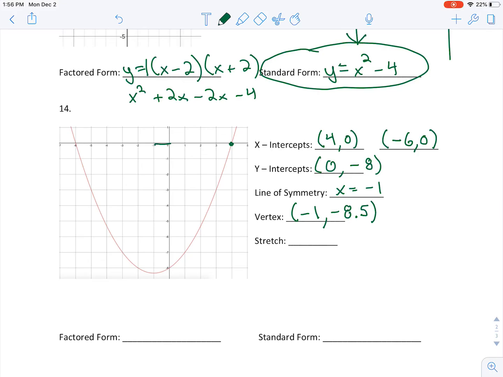I'm going to talk a little bit more about that in a minute. There's a way to be sure about this, and I'm going to get to that after we do a couple things. So let's talk about the stretch. If I go 1 over, that's not a whole number, right? If I go 2 over, you want to start thinking about how many that's going to be.